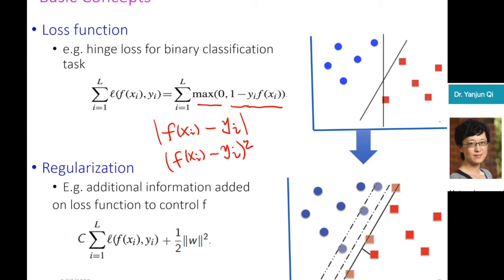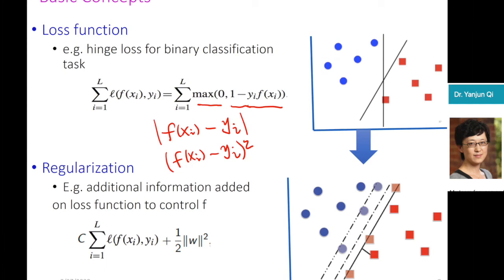A very big thing I want to cover in loss functions is regularization. We already said that in binary classification, the purpose is to look for a decision line separating the blue and the red very well. But if you look at this graph, many, many lines can separate the blue and the red very well.